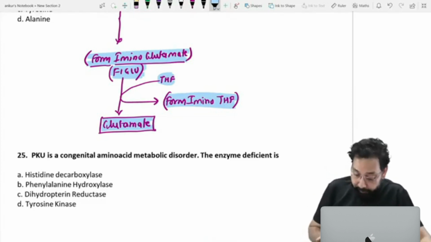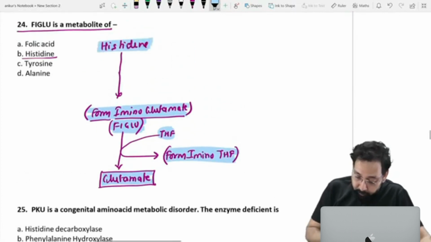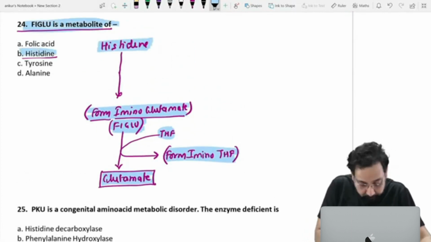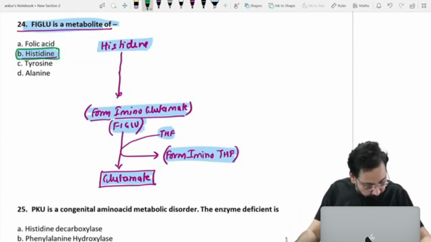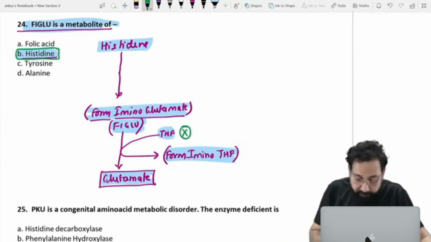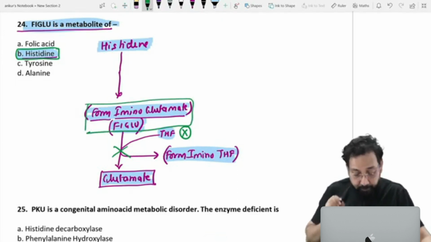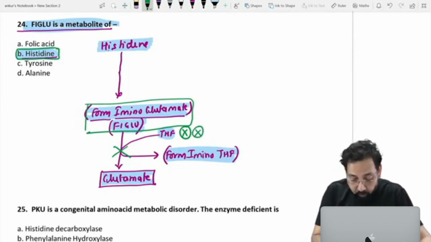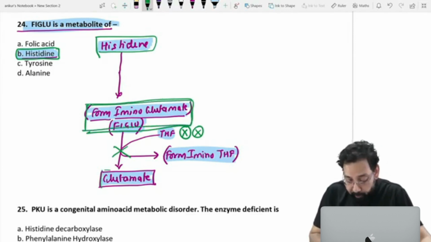So in this question, Figlu is a metabolite of histidine. If folic acid is deficient, then Figlu will not be converted to glutamate. If you give a loading dose of histidine when folic acid is deficient, this histidine will be converted to Figlu but will not be converted to glutamate.